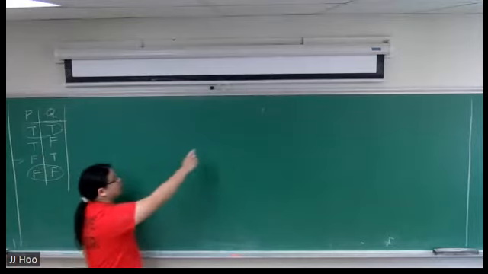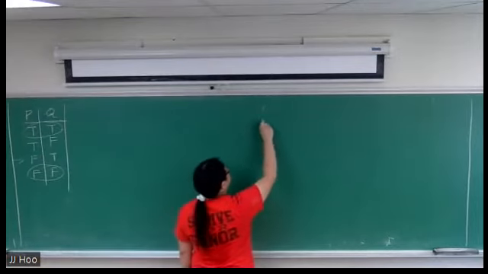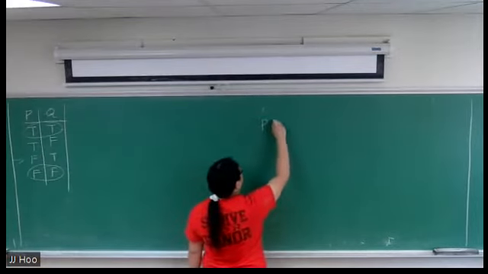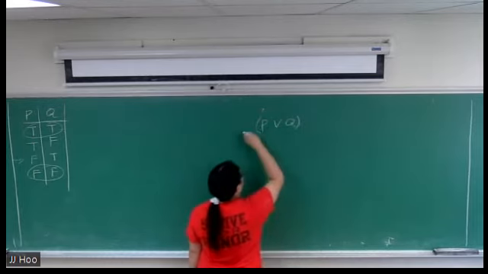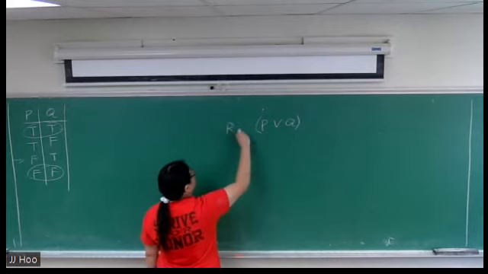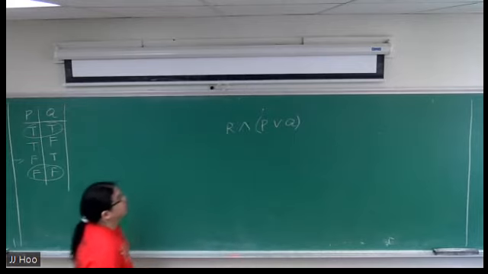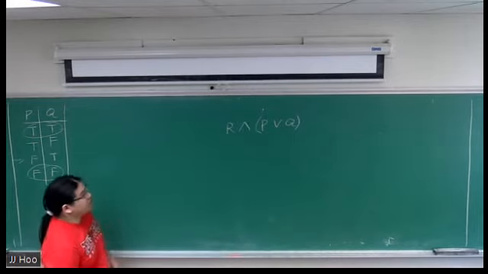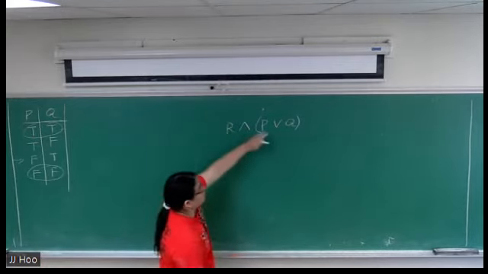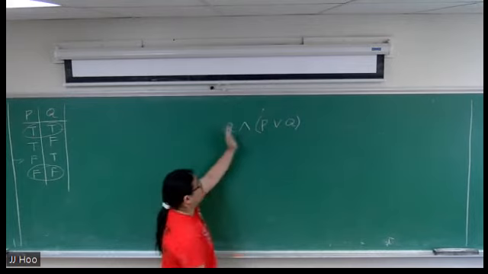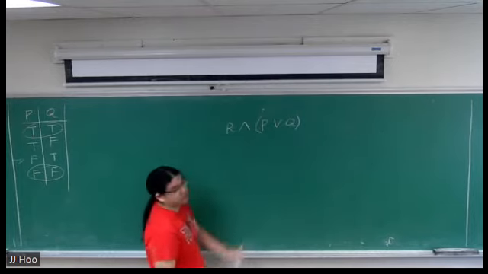So what if I wanted to look at the statement P or Q, and I'll put this R outside? You might wonder, there's obviously a way to distribute this where you get something about R and P, and something about R and Q. The question is what happens to these symbols.